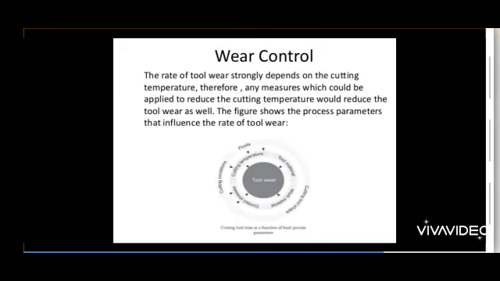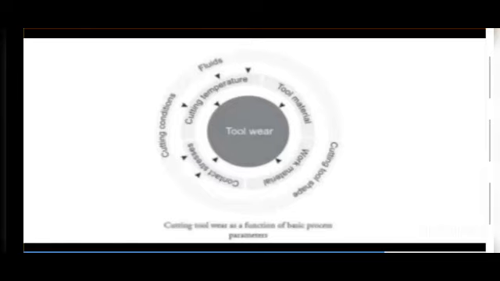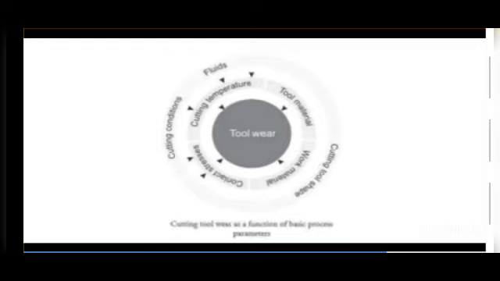In this diagram, you see that tool wear depends on tool material, work material, cutting temperature, use of cutting fluid, cutting conditions, whether you are doing continuous or discontinuous operation, cutting tool geometry, and also contact stresses. These are some of the factors that influence tool wear.